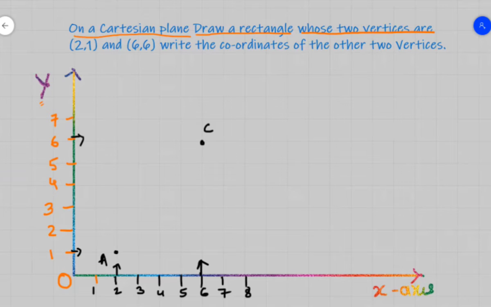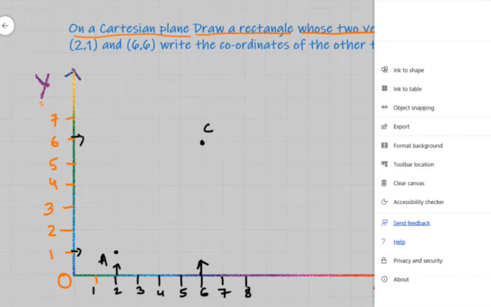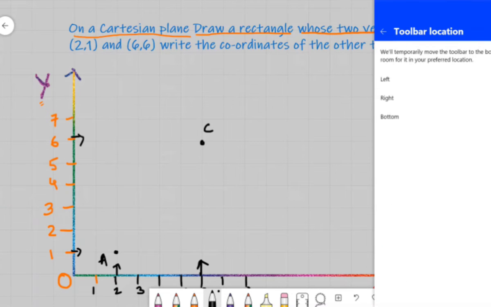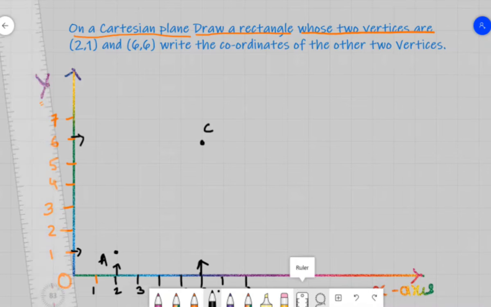So see, from C you make a line perpendicular on both the sides, so that you can find out how you can draw. Okay. So see, let me take a ruler first, so that you can draw the lines.